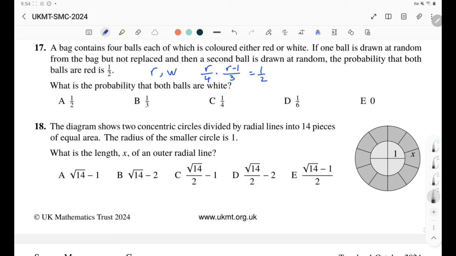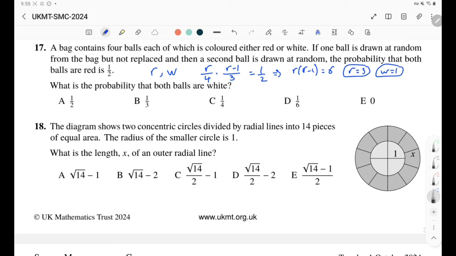And now we can just figure out what R is. We can cancel the 4 with 2, it's going to be 2. So 6 is R times R minus 1. So what is R? Clearly R is 3. So if R is 3, that means W is 1.